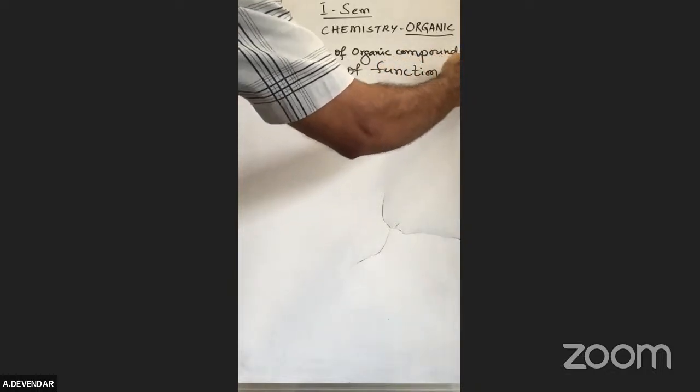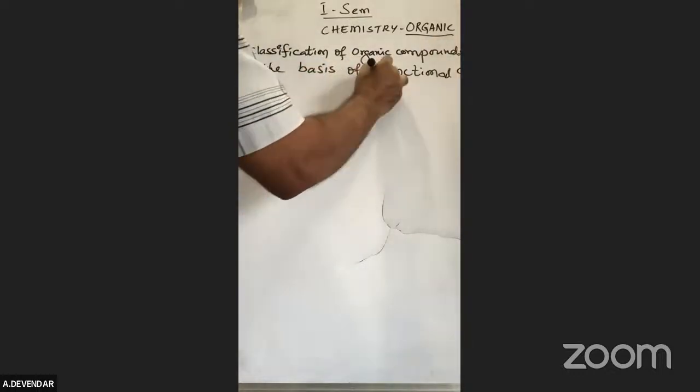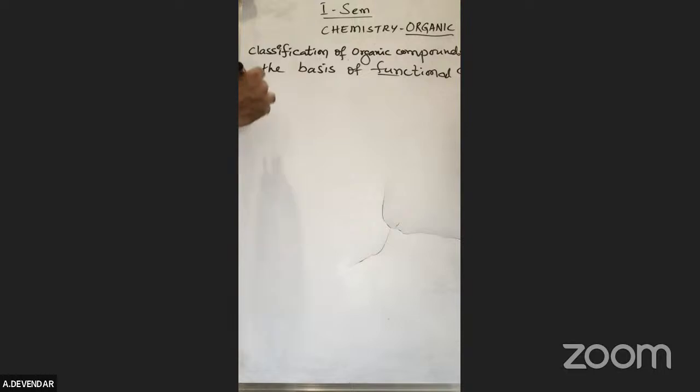This is our topic today. On the basis of functional group, I am taking first the carbon compounds having carbon and hydrogen only. So I am taking that as A.